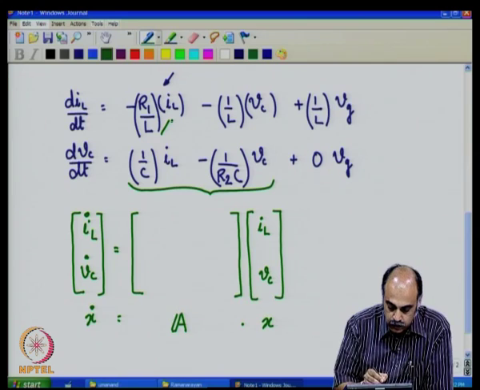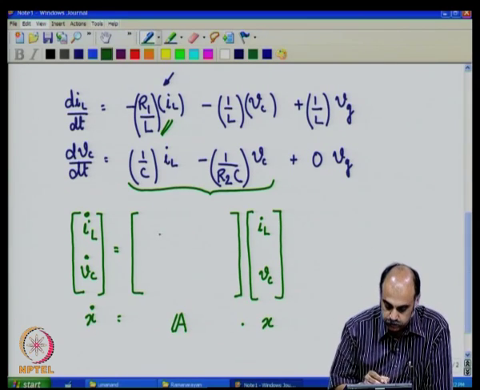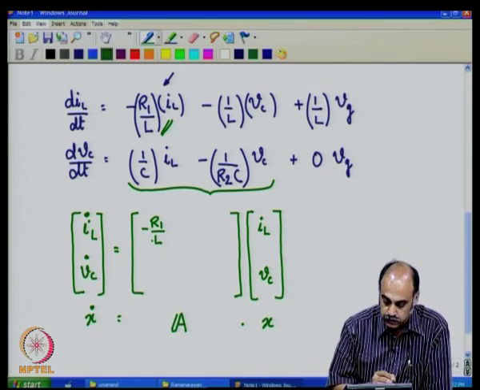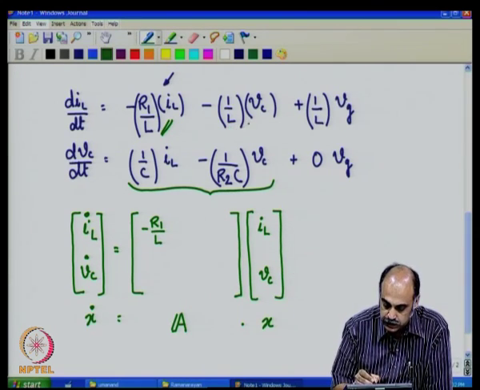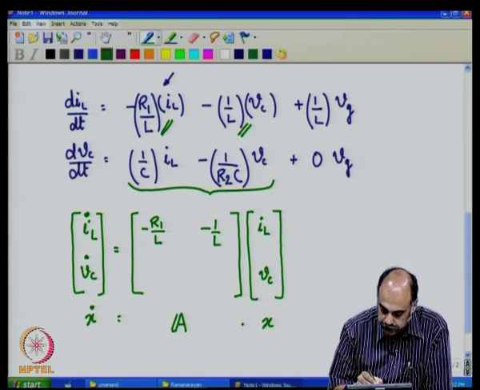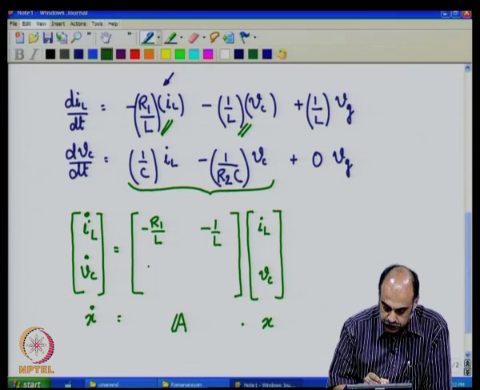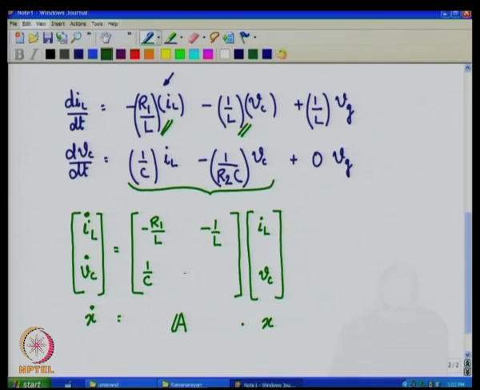So, the coefficient of IL, we write it down, R1 by L. Now, the coefficient of Vc into its corresponding place, again the coefficient of IL with respect to the second equation, and so on.